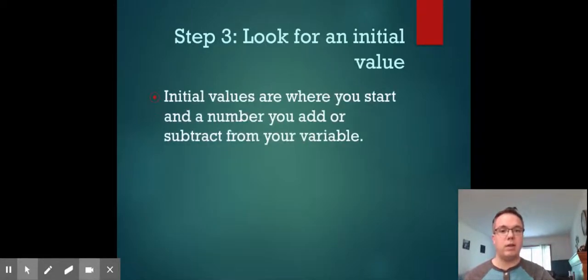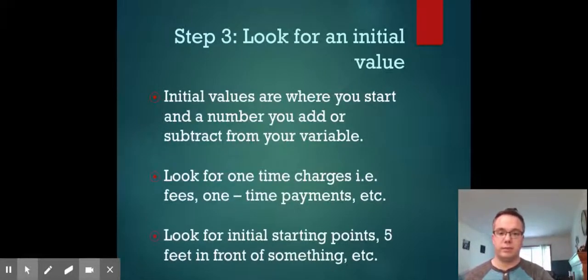So we've declared our variable, we found a rate, we put it in front of our variable. Now we're going to look for an initial value. An initial value is a number we're going to add or subtract. Normally 9 times out of 10, we're going to add this on, because we usually start with positive numbers when we're talking about linear relationships.